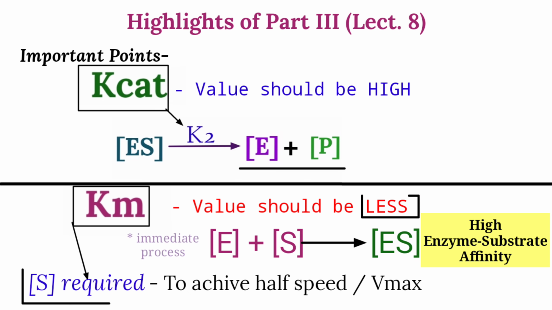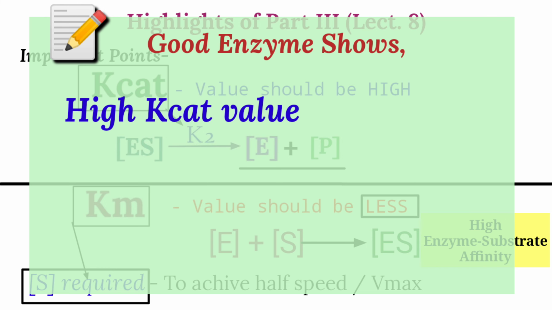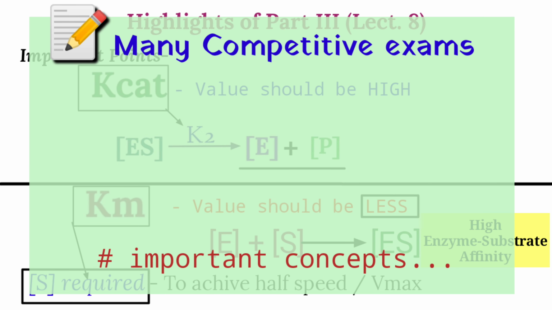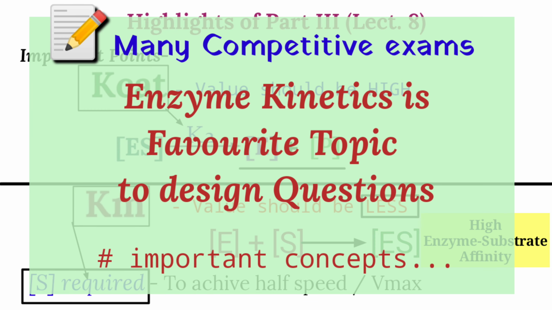For that, less substrate is required. So the good enzyme is that enzyme which shows high Kcat value and low Km value. These are very essential things you need to remember, and many times in CSIR-NET-JRF exams or other competitive exams, questions are based on these concepts.